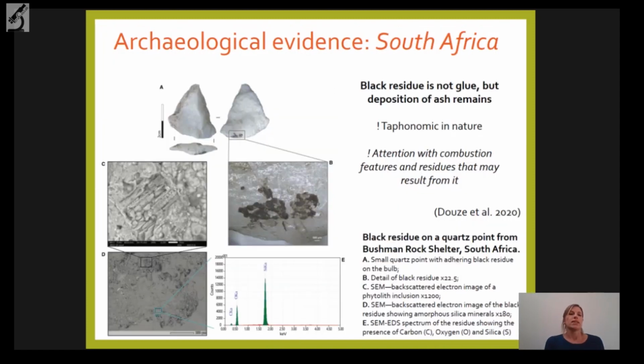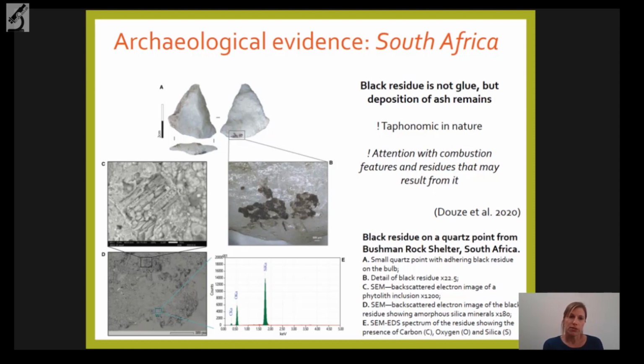If we relate this experiment to some archaeological evidence that we've examined recently, we'd like to refer to a quartz stone point that was discovered at Bushman Rock Shelter in South Africa. On that piece, a macroscopically visible black residue was deposited, and the question was raised, of course, whether this could be evidence of a hafting glue.